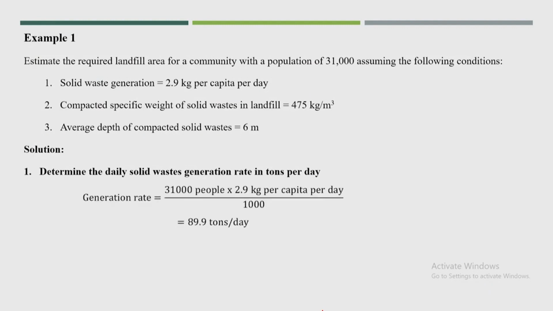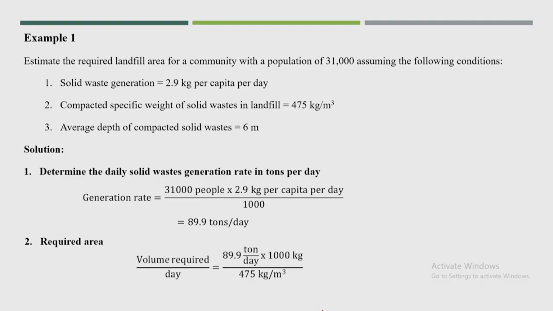We have the population of 31,000 and a per capita generation of 2.9 kg per day. To convert kg to tons we divide by 1000, and the value comes to 89.9 tons per day. Now we will go for the required area.